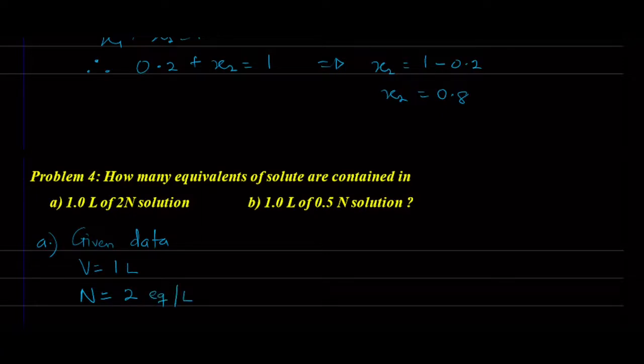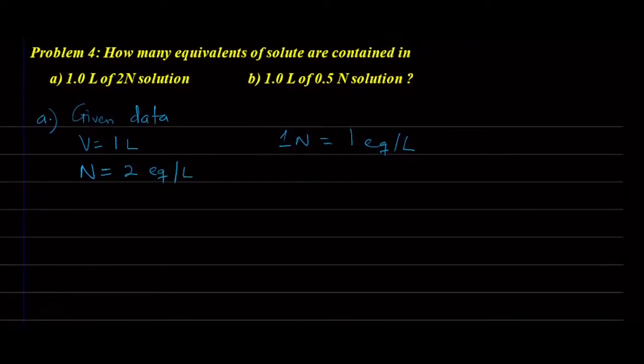That is another unit for normality. So 1 normality, as you know, will be 1 equivalent per liter. So now that we know the values, we are going to use an equation that says the number of equivalents is equal to volume times normality.